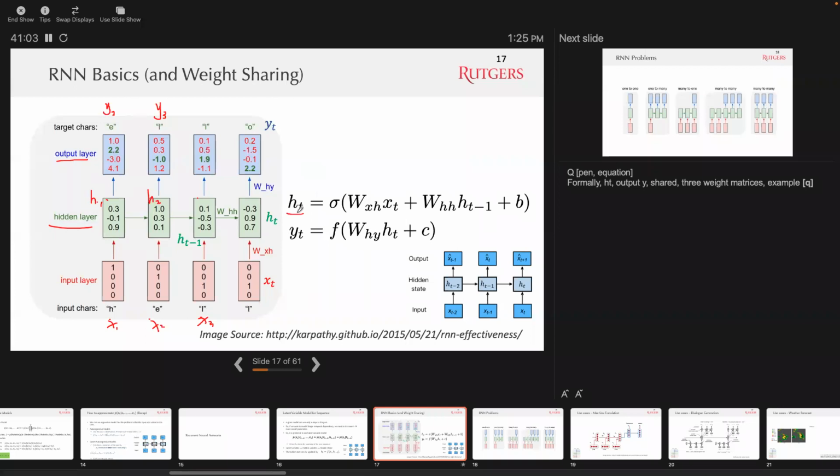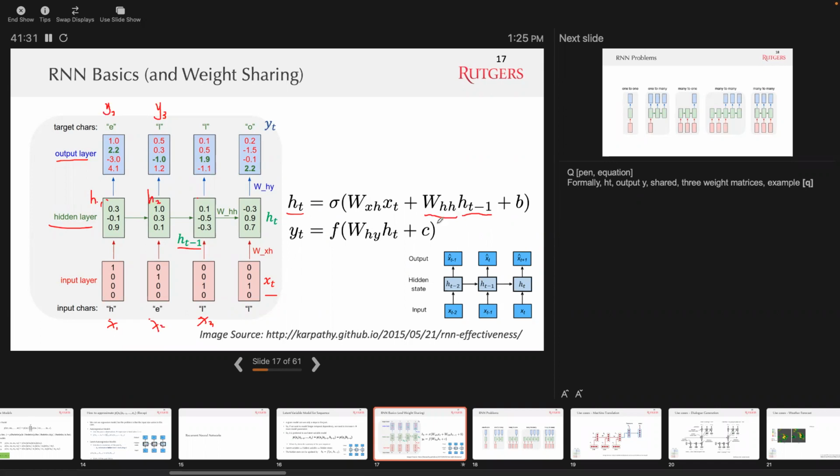To compute ht, you need to combine the previous h and the current x, using some form of linear combination plus nonlinear activation. You put your previous h, ht minus 1, times a learnable weight matrix.